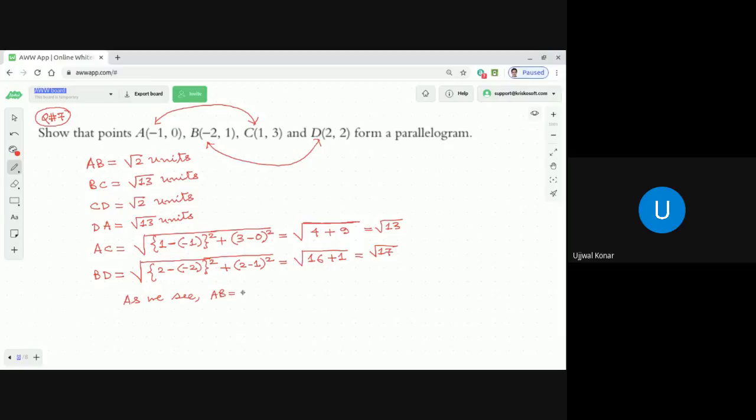As we see that AB is equal to CD, BC is equal to DA, and AC is not equal to BD. This implies ABCD is a parallelogram.